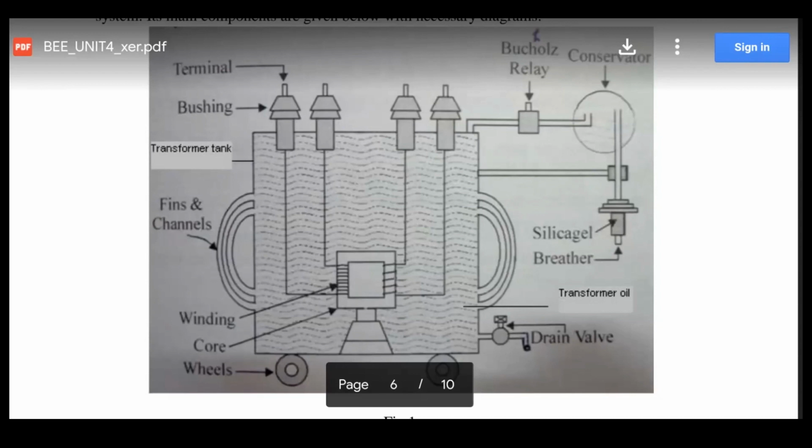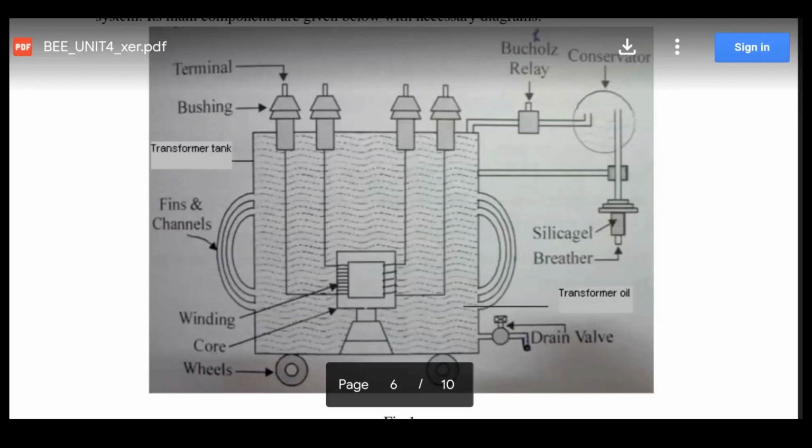Okay, they are bolted so that there is no air gap between them, and when there is no air gap, it will perform better. It will have better magnetic properties.